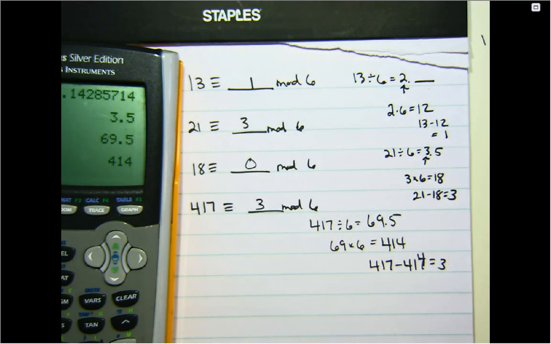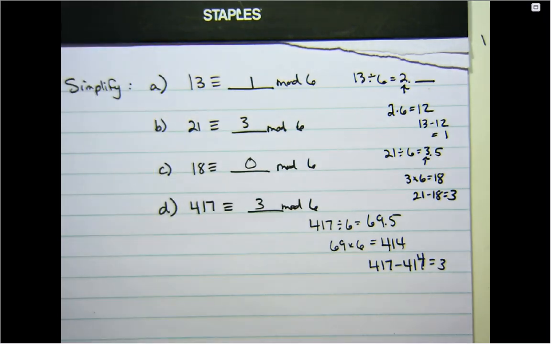So 3 is the answer then. You get how many full multiples of 6 can you take away from your number? And then if you take the 69 times 6, that's 414 total, and that's how much you get when you take away 69 multiples of 6. Any questions on any of those?